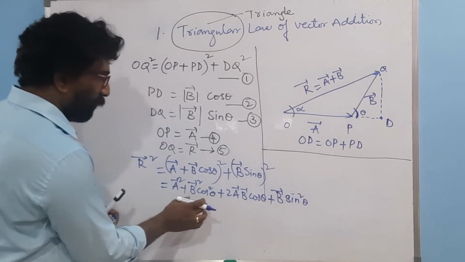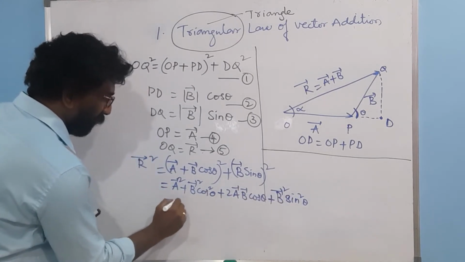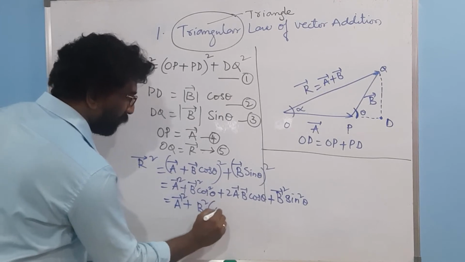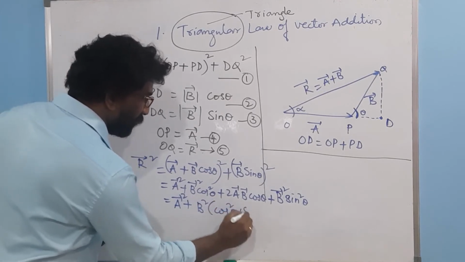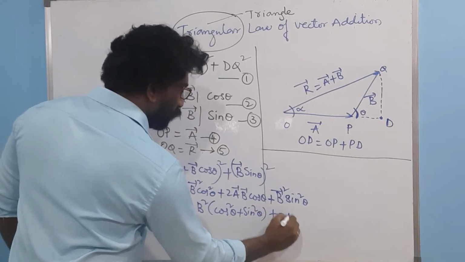You can see you have B square common, so you can take it as common. A square plus B square common, it becomes cos square theta plus sin square theta, plus 2AB cos theta.